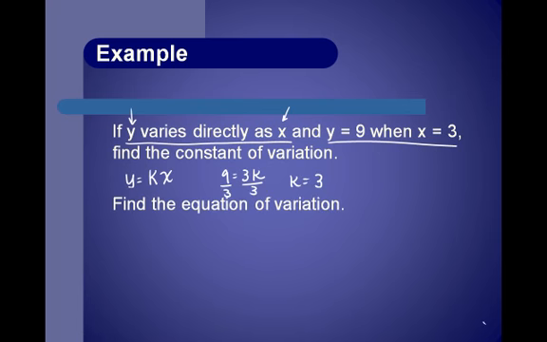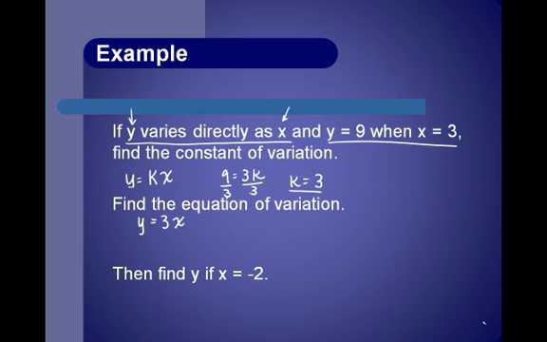Now they tell us to find the equation of variation. Well, we're going to take our y equals k times x, but now we know k is 3, so our equation of variation becomes y equals 3x. Now, what if they ask us to find y if x is negative 2?